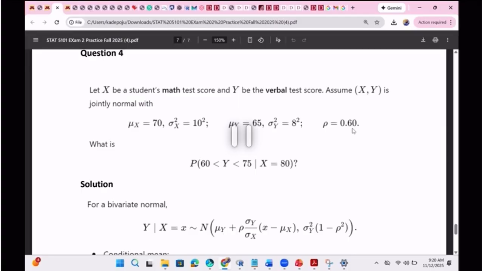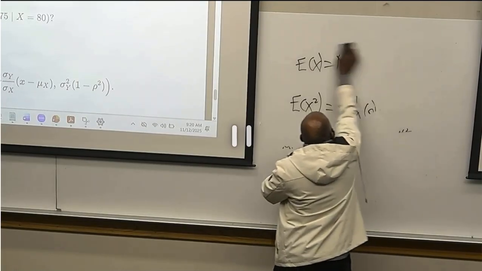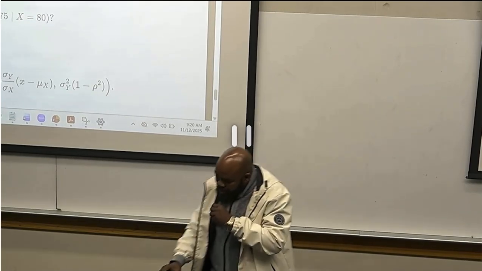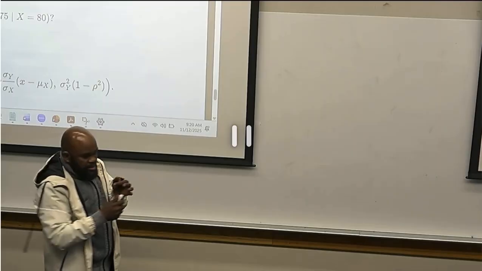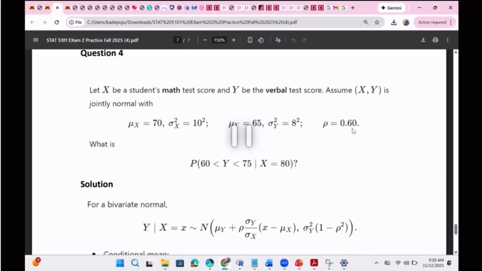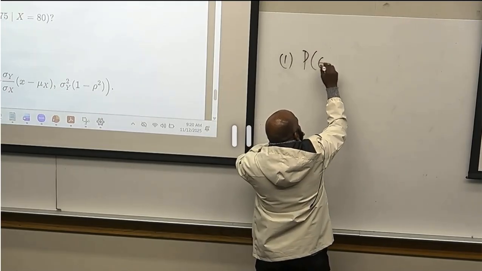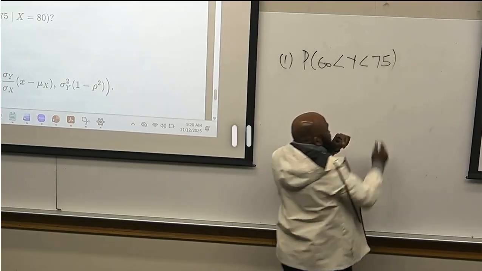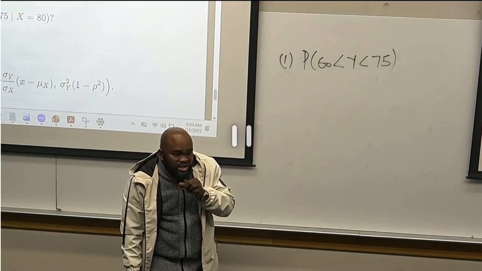Now, let me tell you this. In question 4, you're actually going to have two parts. Please pay attention. One part focuses on the probability of Y between 60 and 75, and that first question is not going to be conditional.